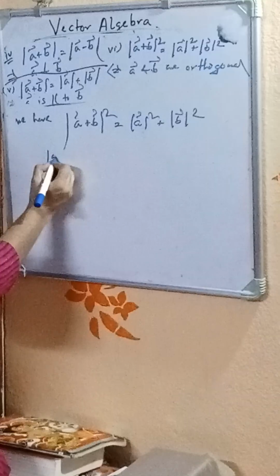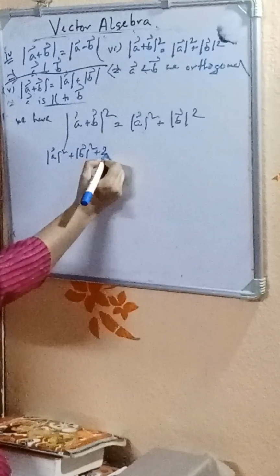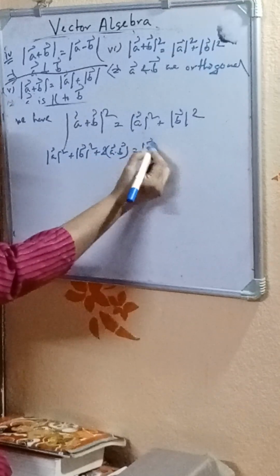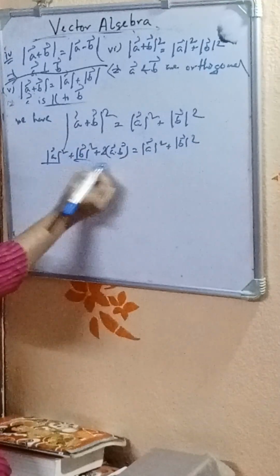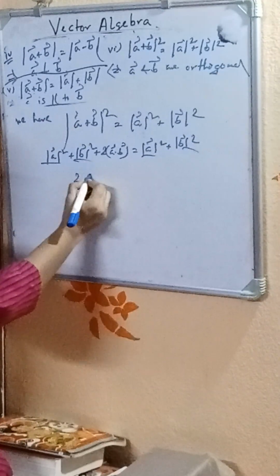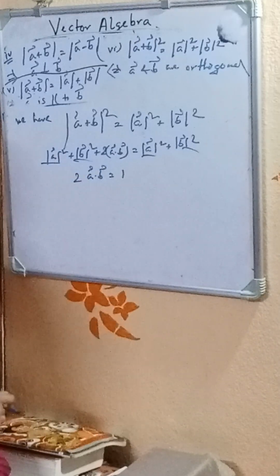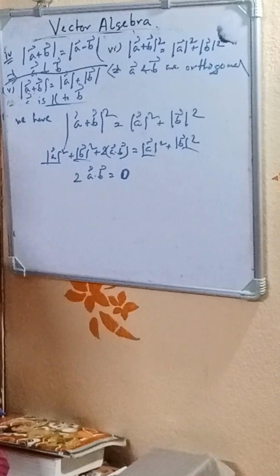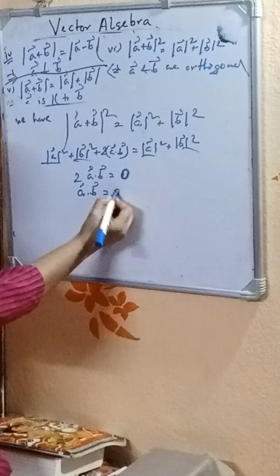From this equation we get modulus of A vector square plus modulus of B vector square plus 2 A vector dot B vector equals modulus of A vector square plus modulus of B vector square. These two terms will be cancelled. Then we get 2 A vector dot B vector equals 0. Therefore, A vector dot B vector equals 0.